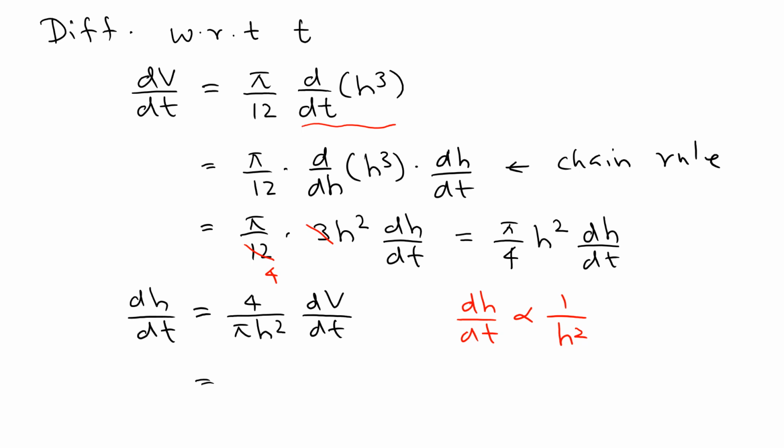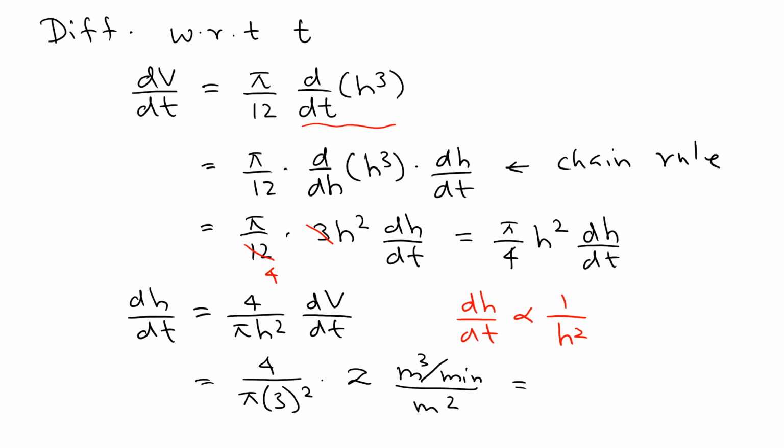We're given all the values, so you get 4 over pi times 3 squared, times dV over dt, which is given as 2. With the units, the 2 has cubic meters per minute, and the 3 has meters, so it's meters squared.